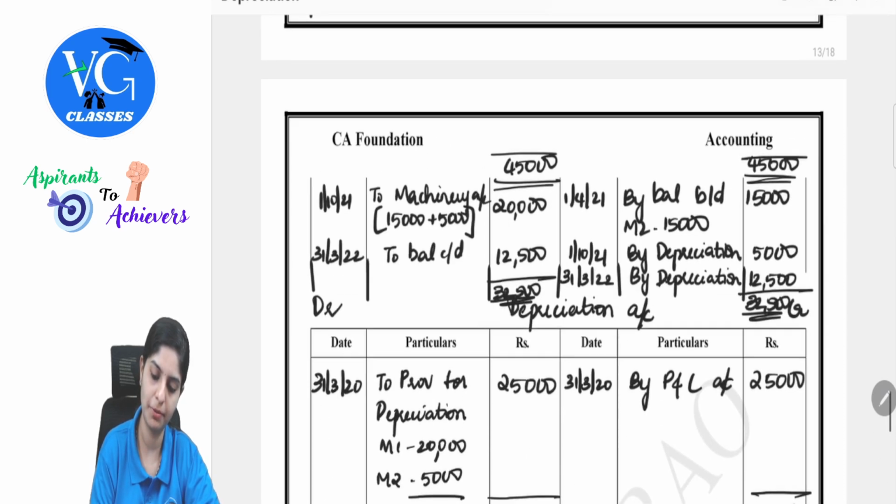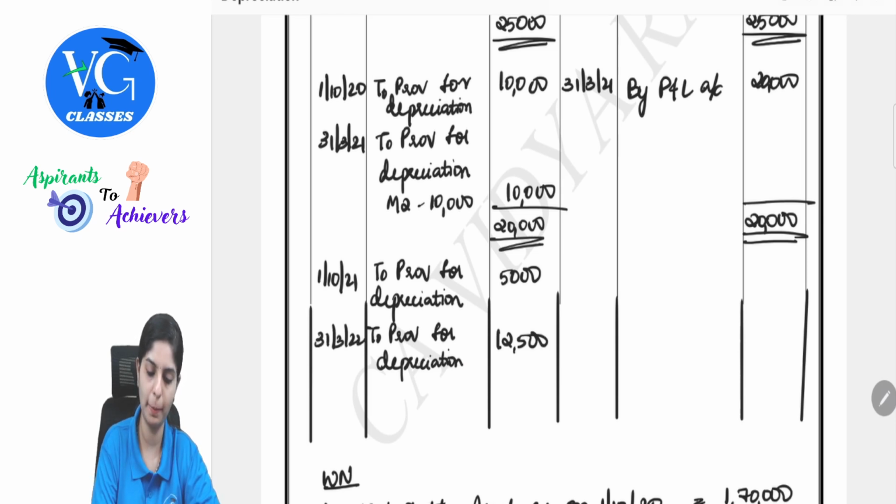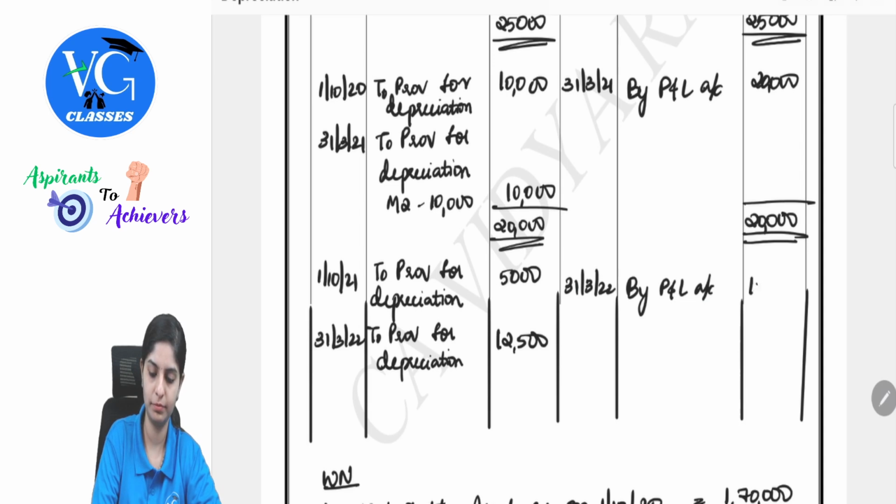How much? 5,000. And to provision for depreciation 12,500. This is on 31st March 22 by P&L account, 17,500.